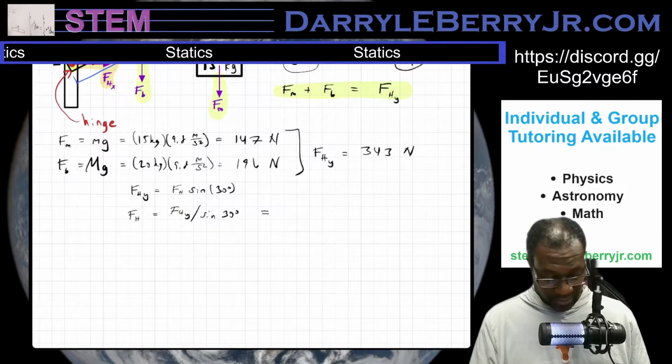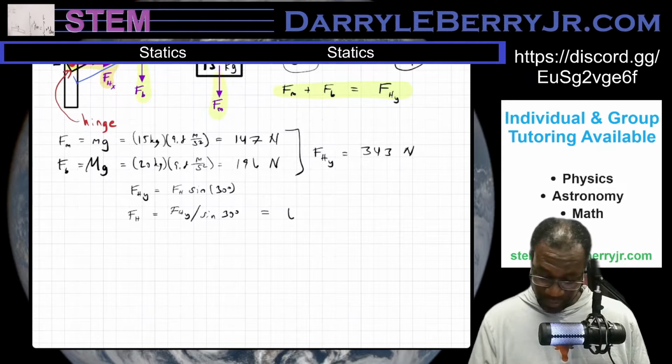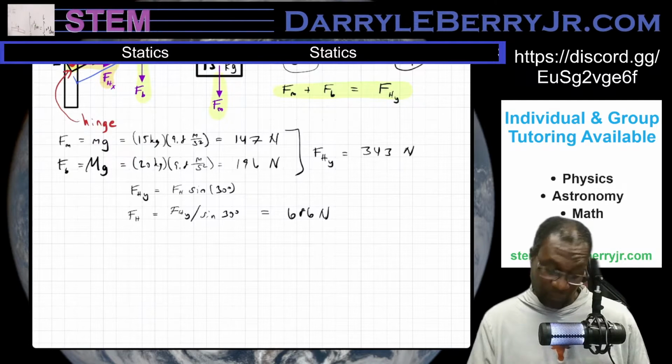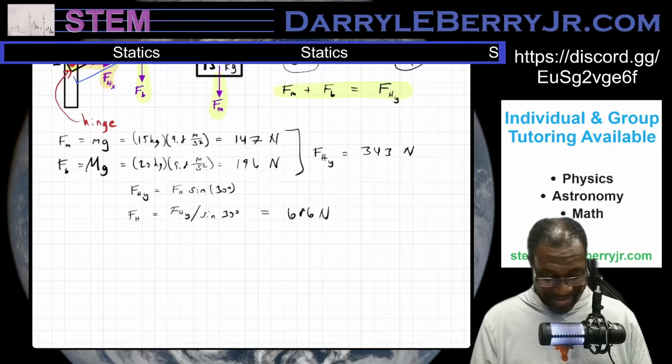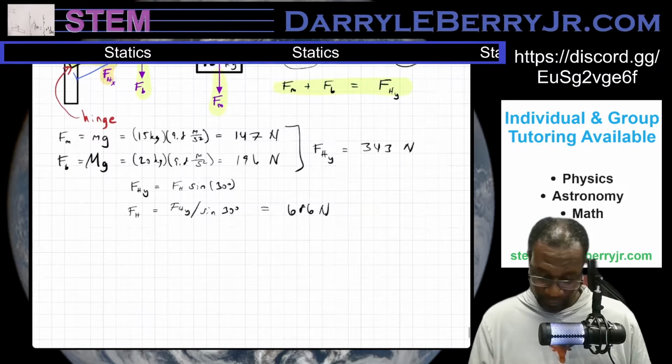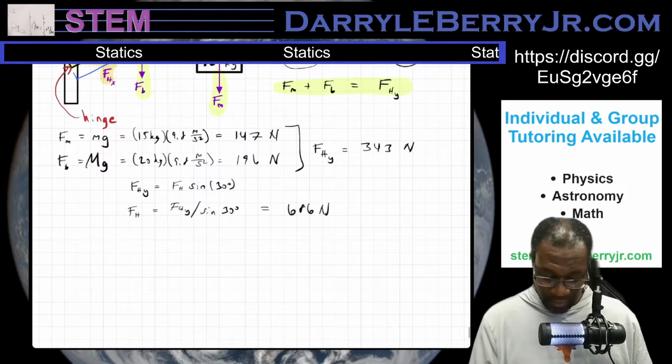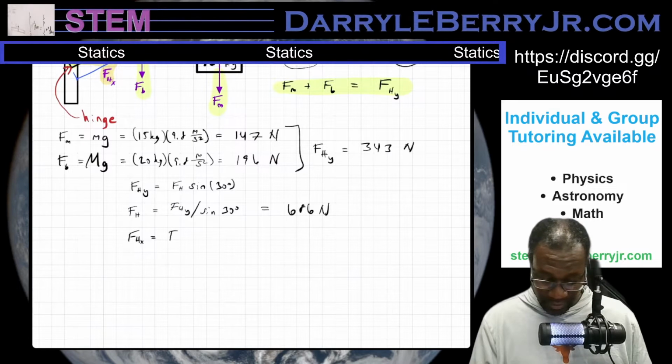So that's going to be 686 newtons. So sine 30 is 1/2. So that means that FHX equals FH cosine 30 degrees.